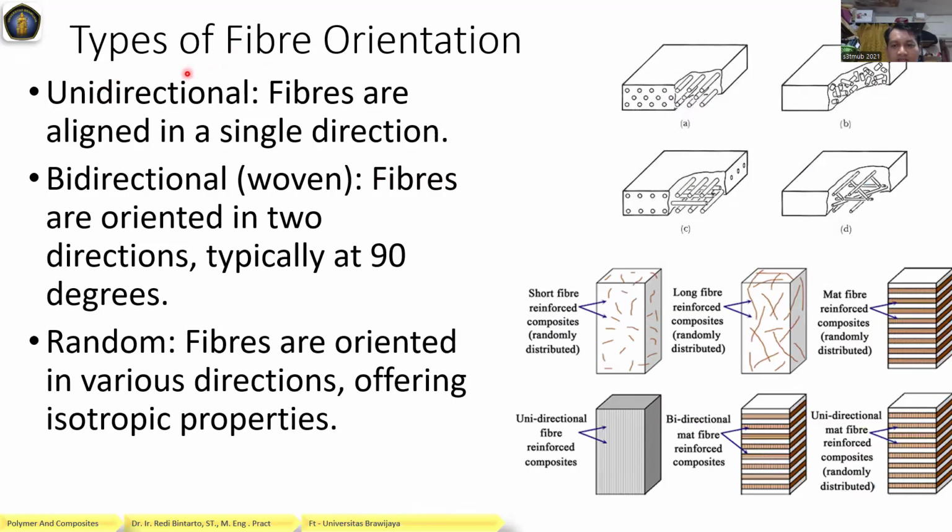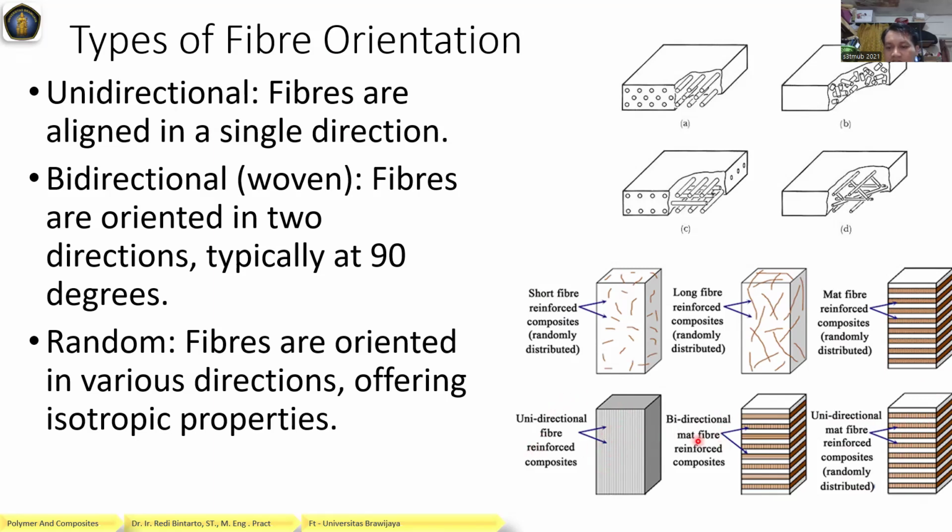This is the type. Unidirectional fibers are aligned in a single direction, only one direction. Like this is vertical, and this one horizontal. Only vertical or only horizontal is unidirectional.